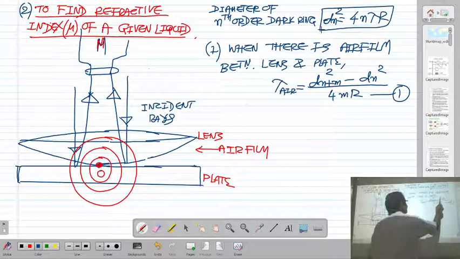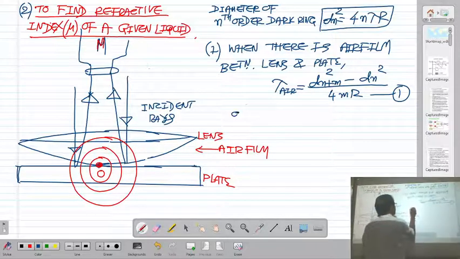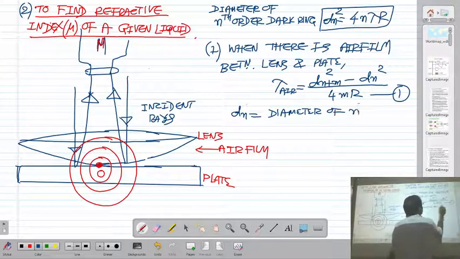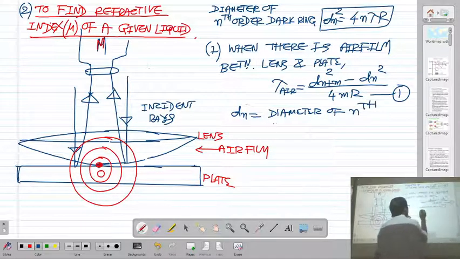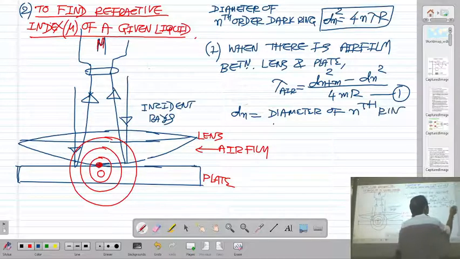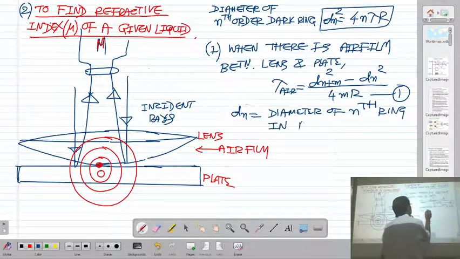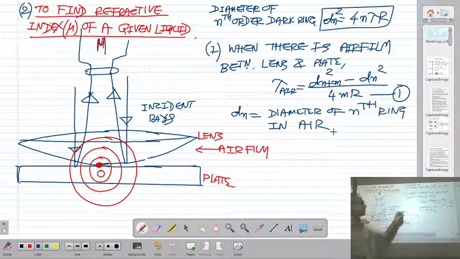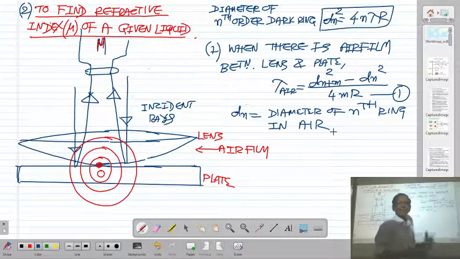What is this Dn? So I write, Dn is the diameter of nth order dark ring in air. When there is air between lens and plate, the diameter of nth order dark ring is Dn.